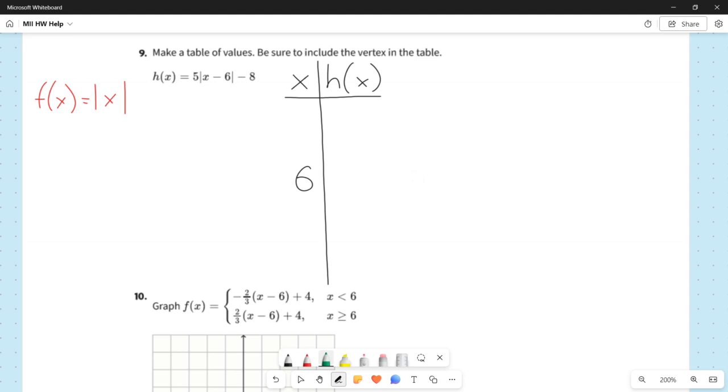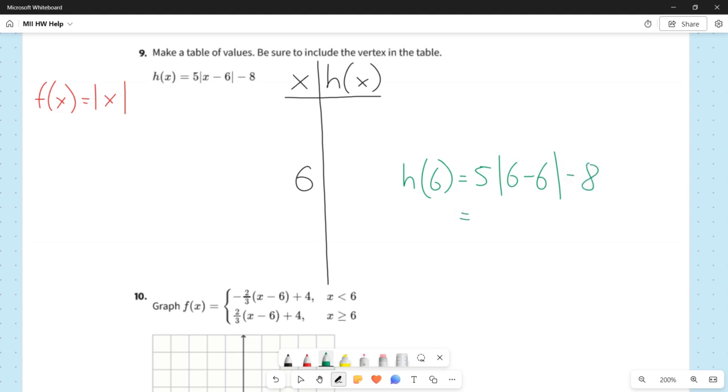So we're looking for h of 6, right? What is the result of this function when I plug in a 6? We're going to get 5 times the absolute value of, we're plugging in for x, so this becomes 6 minus 6, close absolute value, minus 8.